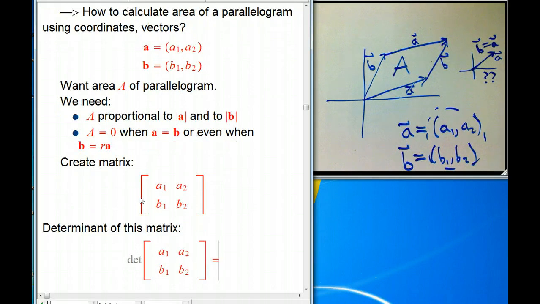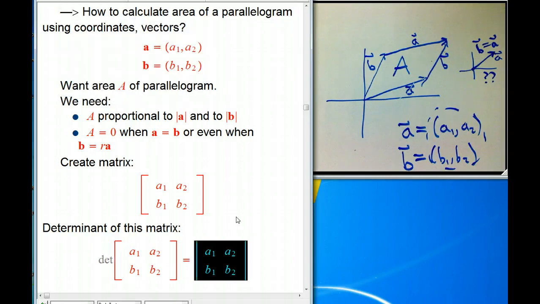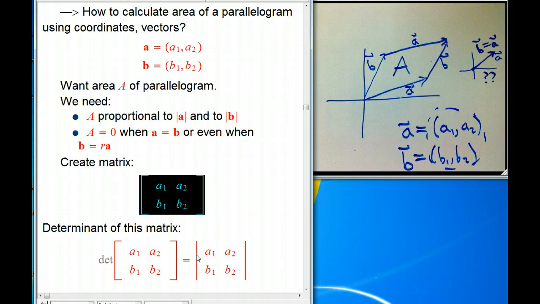Another notation is we actually just rewrite the matrix and we change to single vertical bars around it. I'll show you a couple reasons why I don't like that notation. One reason is it doesn't make clear the huge difference between the matrix itself up here and the determinant of that matrix.